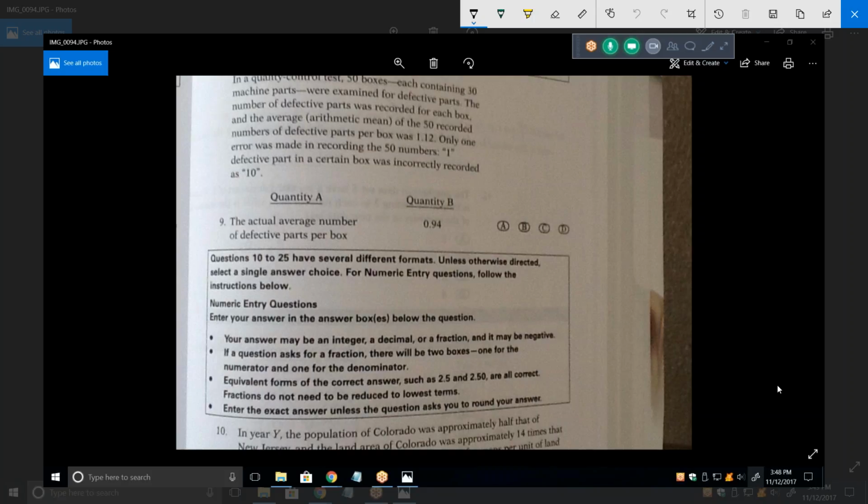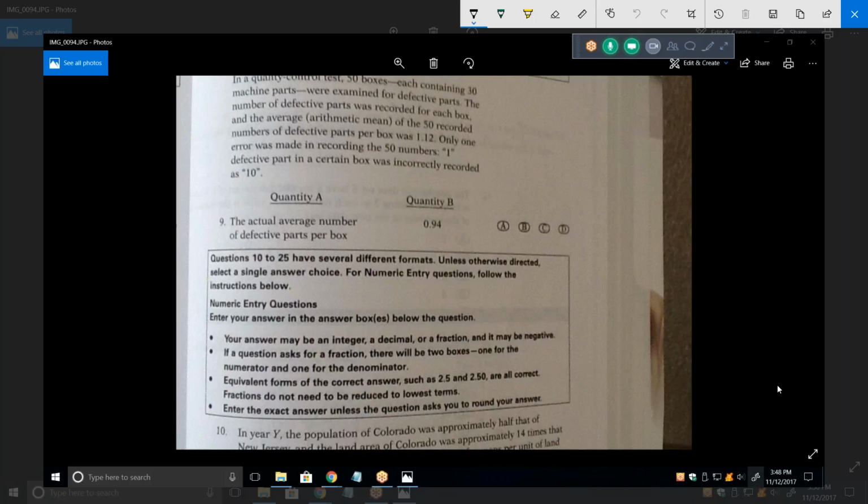We have not done this one. I'm not sure I know how to do it. Let me look at it. I'm assuming it says 50 as in 50 boxes. So we have 50 boxes each with 30 parts in them. And somebody recorded the number of defective parts in each of the 50 boxes.